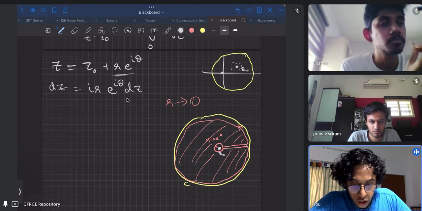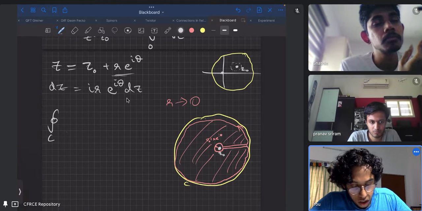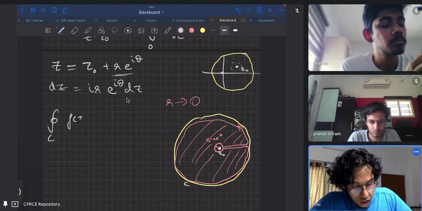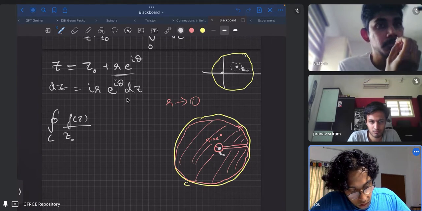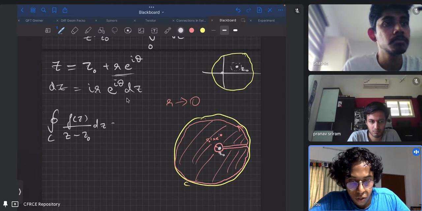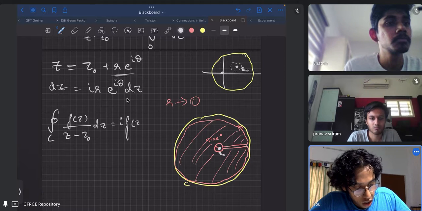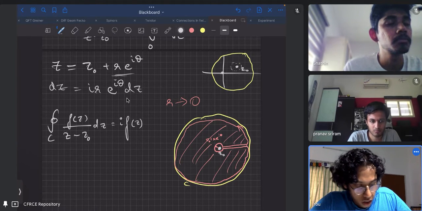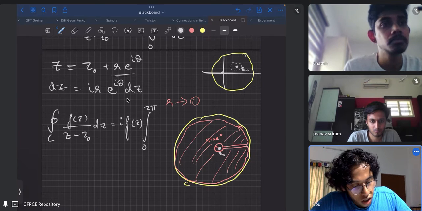So we can evaluate the integral over C of f of z by z minus z naught dz as equal to i f of z naught times the integral from 0 to 2 pi of d theta.